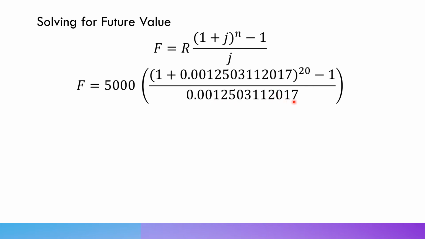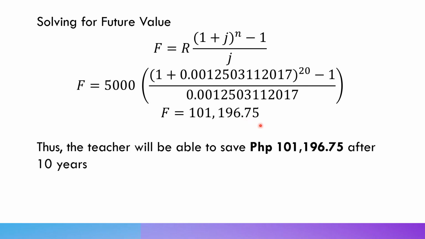And by solving all of this, we get a future value of 101,196.75. Thus the teacher will be able to save 101,196.75 after 10 years.